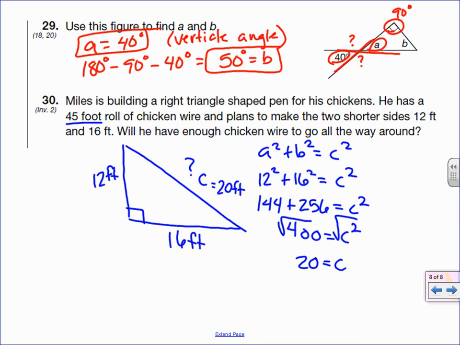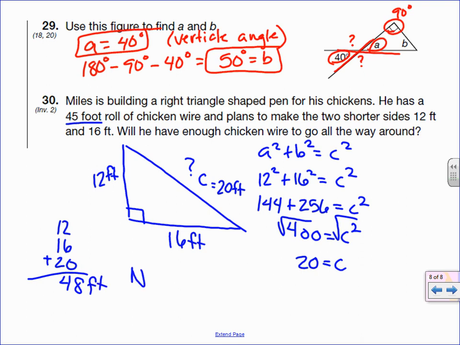So now if we add all those together, 12 plus 16 plus 20, 6 and 2 is 8, and 1 and 1 and 2 is 4. So 48 feet is what he would need, and he only has 45.